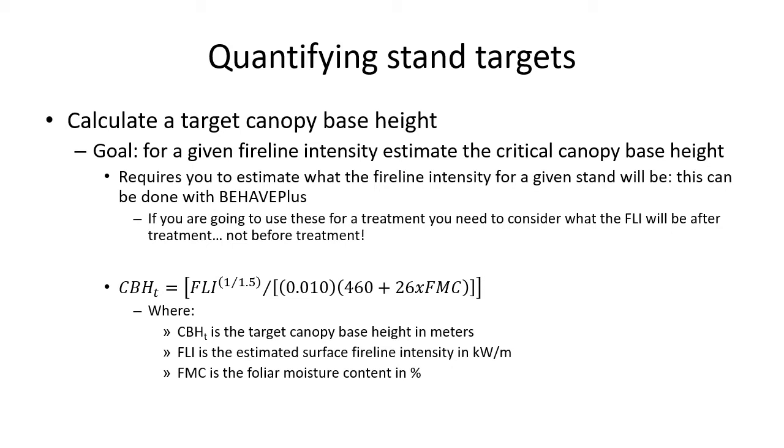So in the equation here, essentially we put in an estimation of the fire line intensity that we might expect, as well as the foliar moisture content, and now we're solving for the canopy base height that we would need to target in order to prevent initiation under some set of conditions.